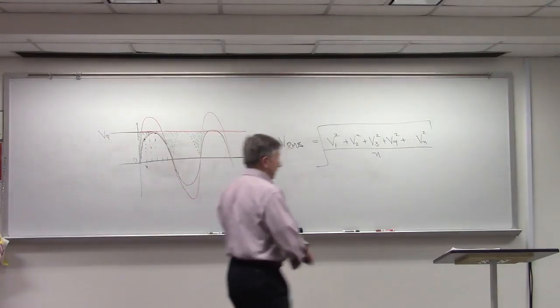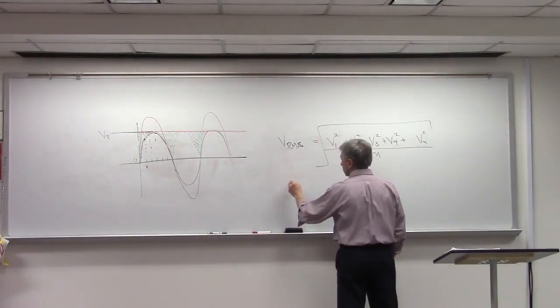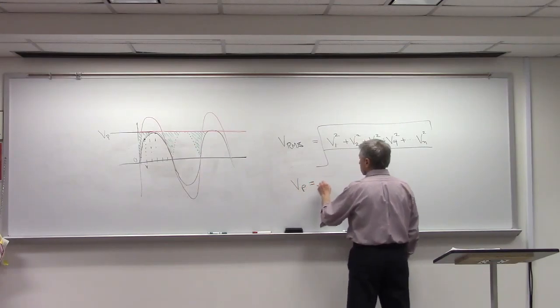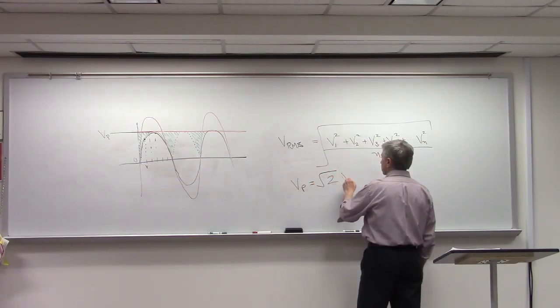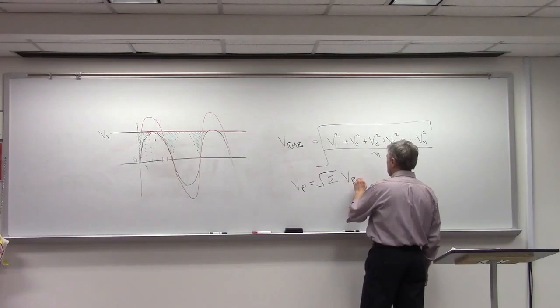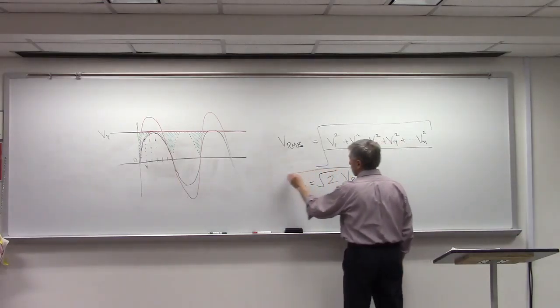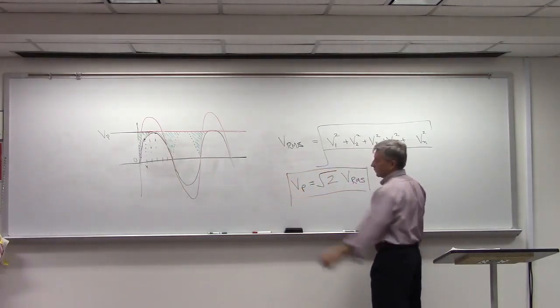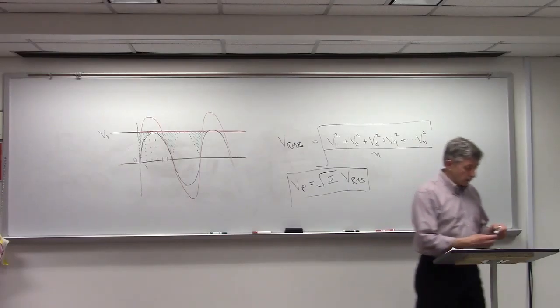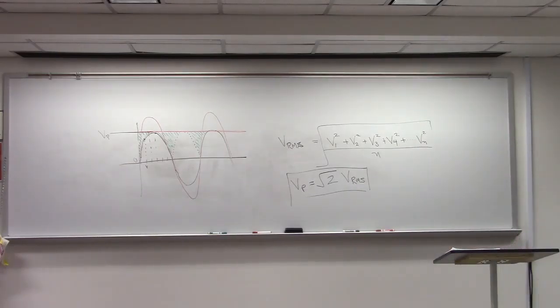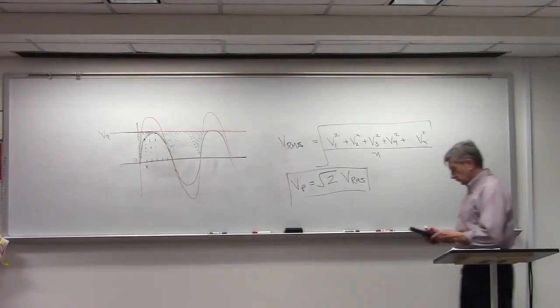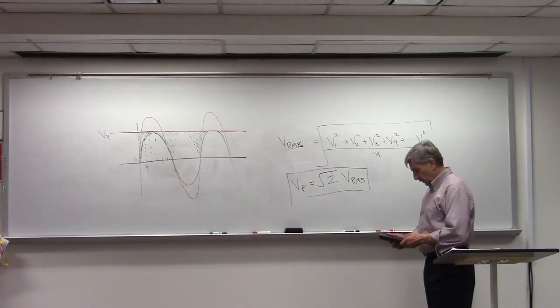The peak value is equal to the square root of 2 times VRMS. So that's the relationship, where the square root of 2 is 1.414.